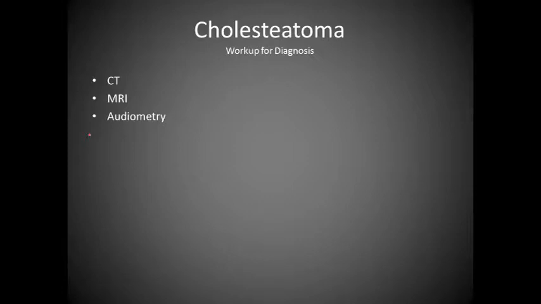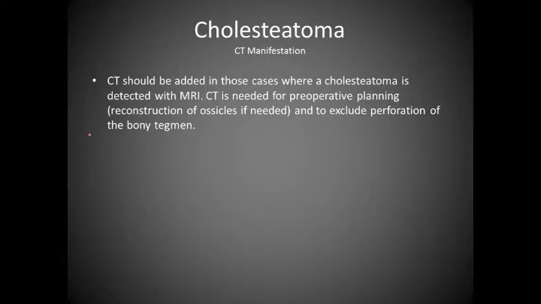To diagnose this, we have CT, MRI, and audiometry, which is basically an analysis of the hearing structure of the ear. CT and MRI both have their benefits, but audiometry would prove quite beneficial as well.